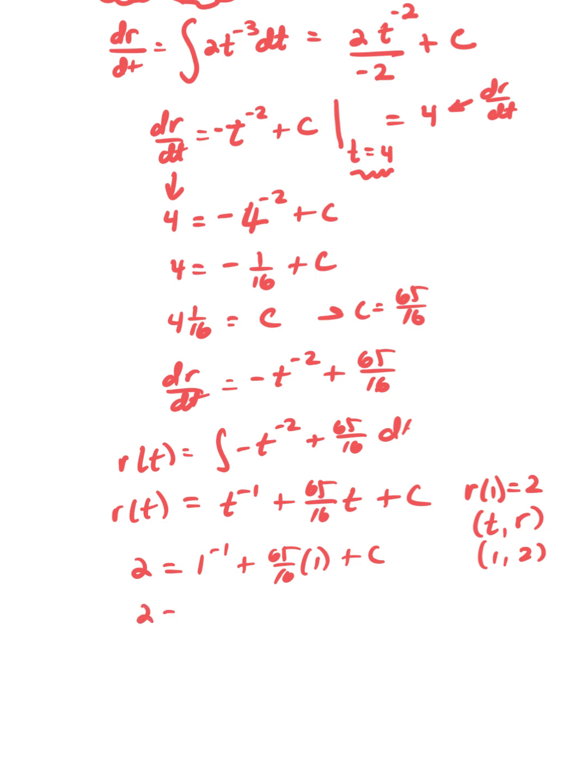So I have 2 equals 1 and 65/16. I know that's kind of weird, but that's when you add them together. 16 plus 65, that would be 81/16.